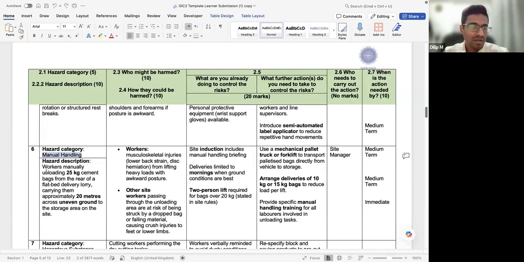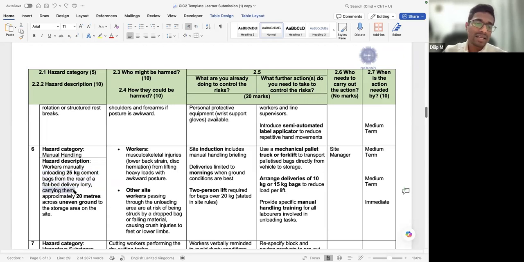Hazard description: workers manually unloading 25 kg cement bags from the rear of a flatbed delivery lorry. So the truck has arrived for unloading, and workers are unloading 25 kg of cement from the lorry. And not just unloading, they are also carrying them.